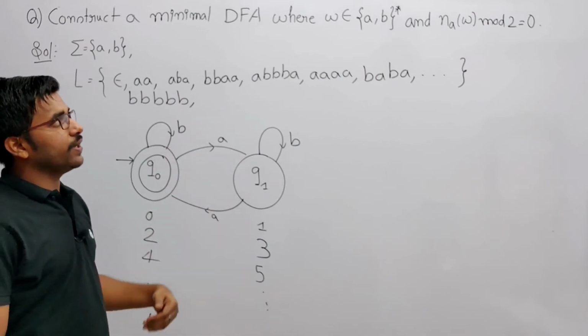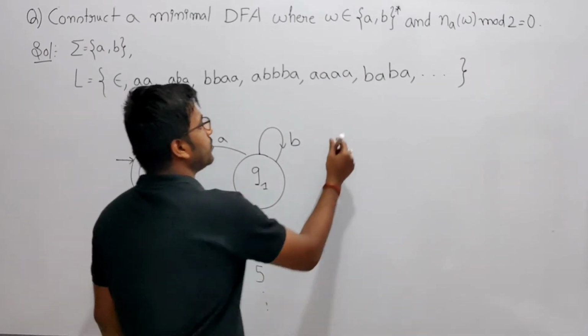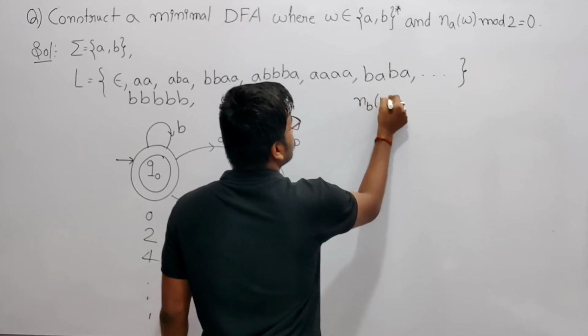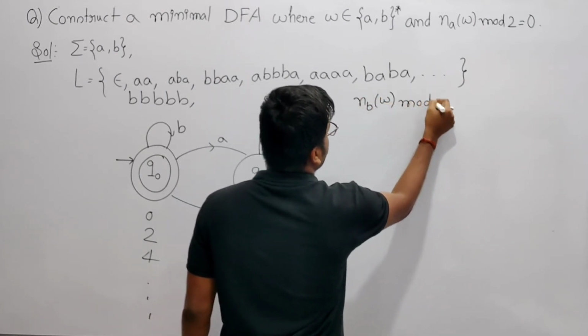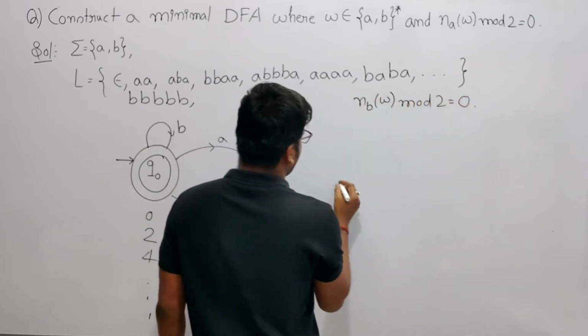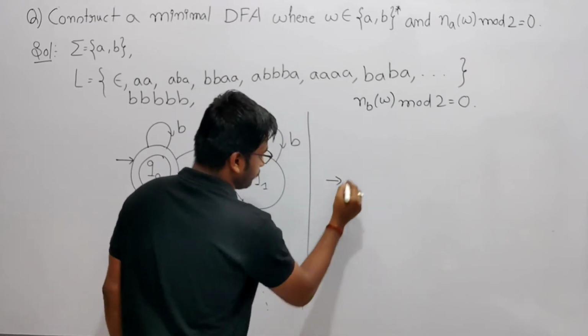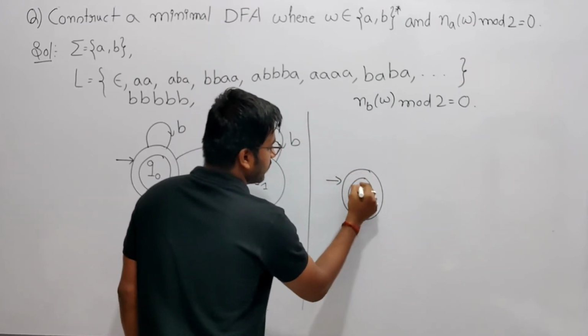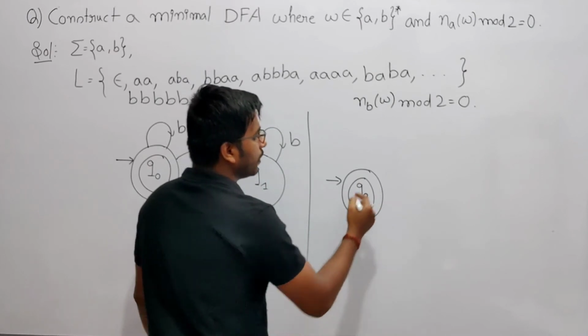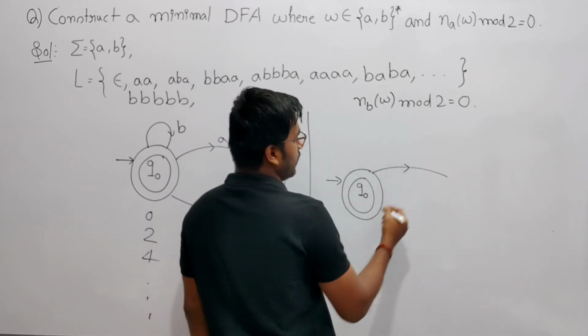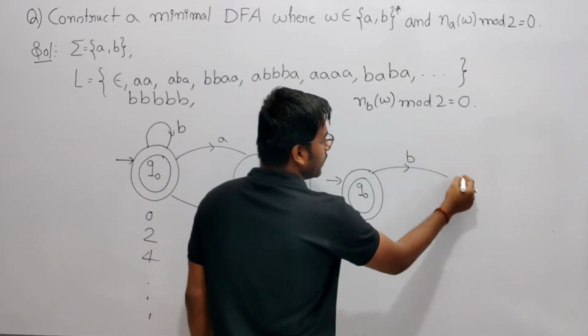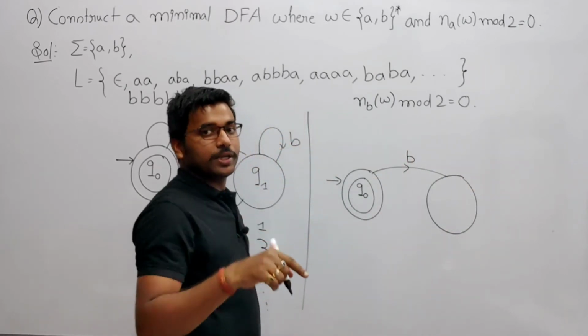Similarly in this question, if I just make the number of B's in W mod 2 equal to 0, then the initial state is going to be final. Now just changing: if I get 1 B, then now the number of B should be divisible by 2.